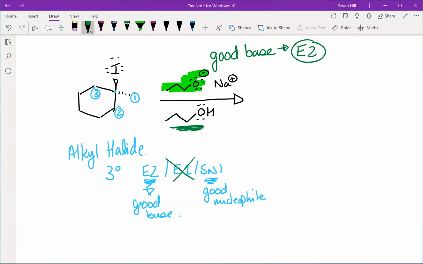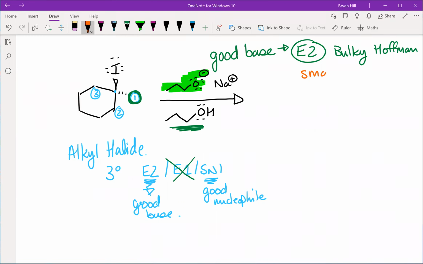And then the next decision is, is this a smaller base or is this a bulky base? So bulky, this would be Hoffman. And so with a Hoffman, it would eliminate on carbon 1. If it's a smaller base, let's make this in a different color.